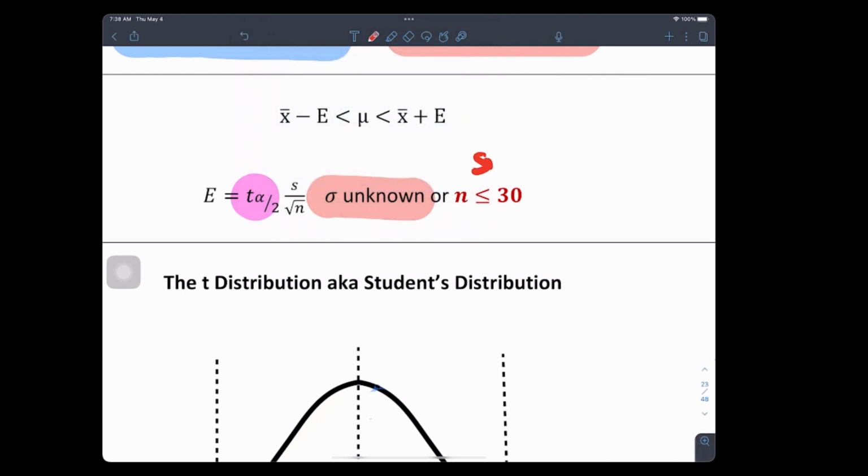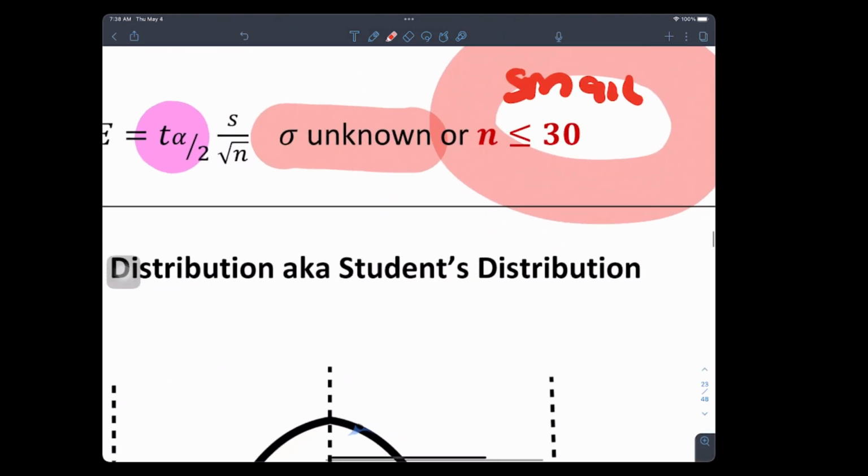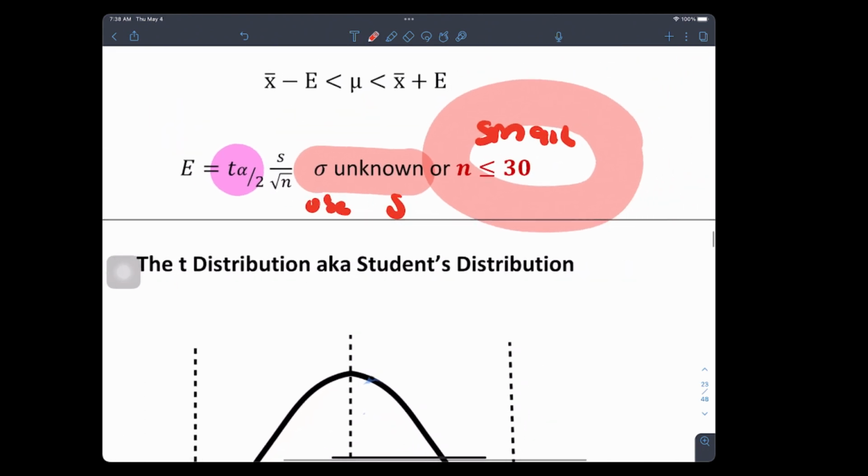So this is kind of a real important detail. Now, sigma being unknown means you have to use s. It's a sample standard deviation because the true standard deviation is unknown. So really, this isn't a detail.